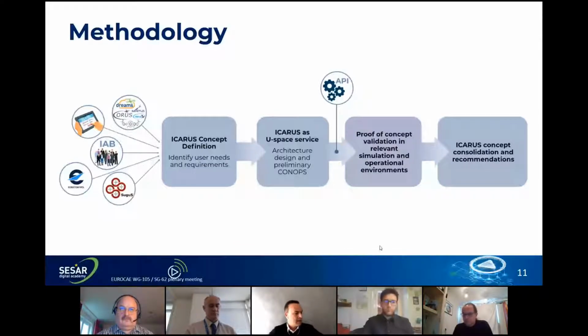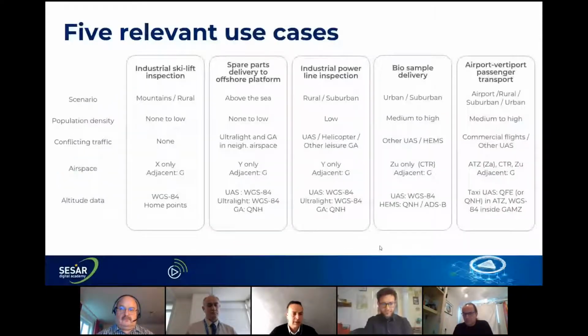In the next slide, we just reported some relevant use cases that will help us to validate the concept. We started, just to mention, with the actual state-of-the-art operation with drones on the left, the first use case, which is about industrial ski lift inspections. But we are considering also the new scenarios that would probably be presented with the advent of urban air mobility, so drone taxi, goods delivery by drones.